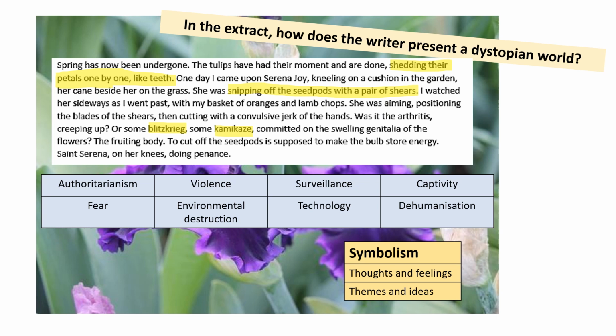Blitzkrieg is a German word which found its way into English from the Second World War. It means lightning war. It was a word Hitler used to describe invading a country very, very quickly using a lot of tanks. And then kamikaze is a Japanese word which means a suicide attack, a very, very violent, very brutal form of warfare.